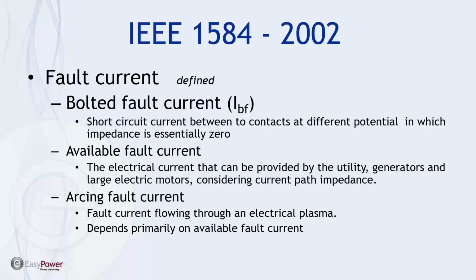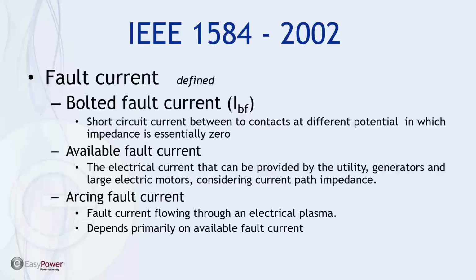And so in the process of doing the testing, they realized that the arcing current was going to be something less than the maximum bolted fault current, which had been well understood in terms of the need to calculate it and determine whether the system could withstand the surge.